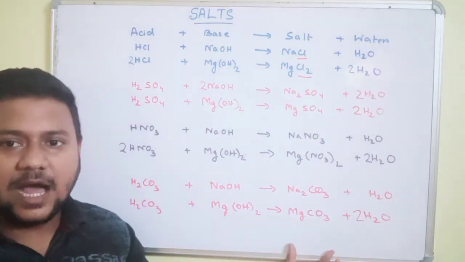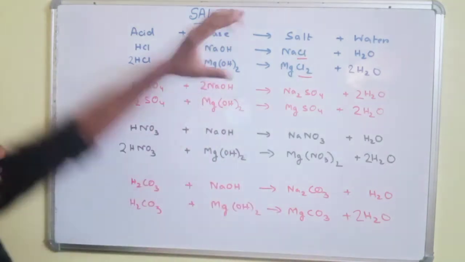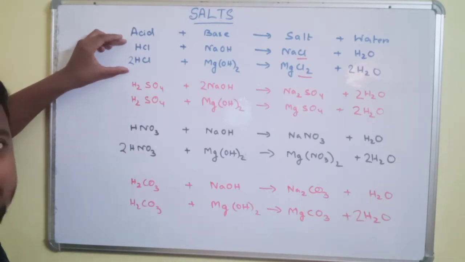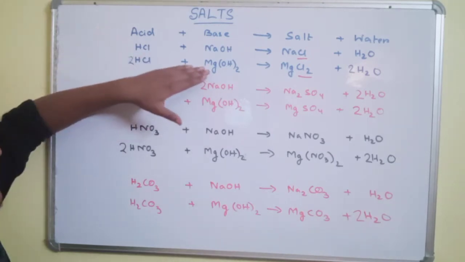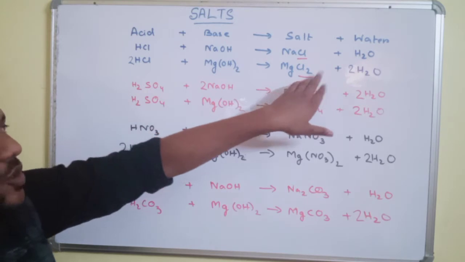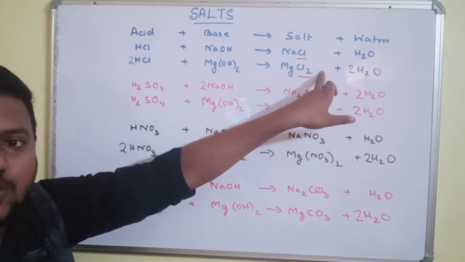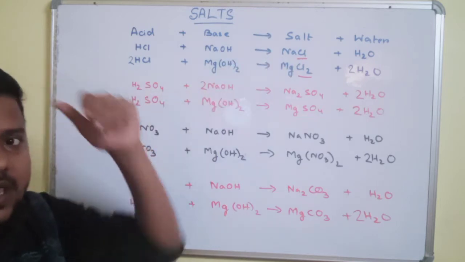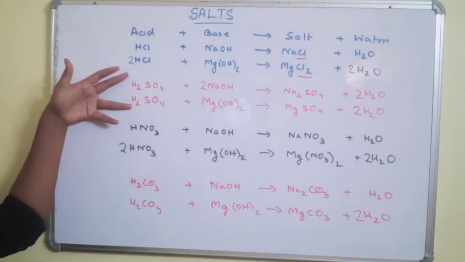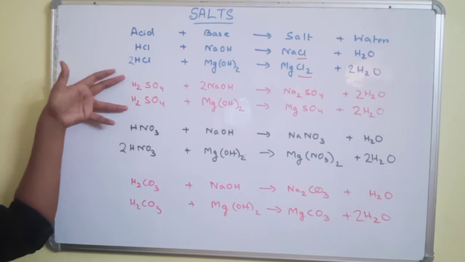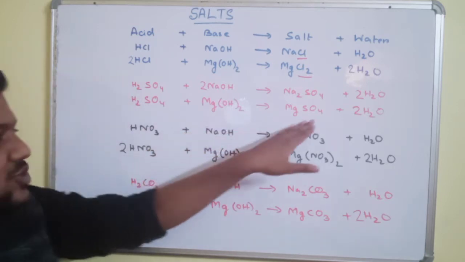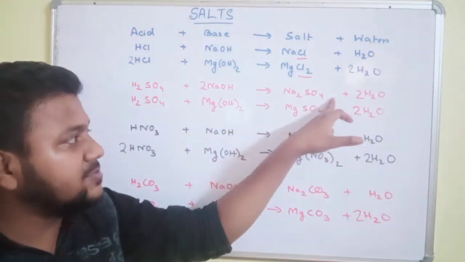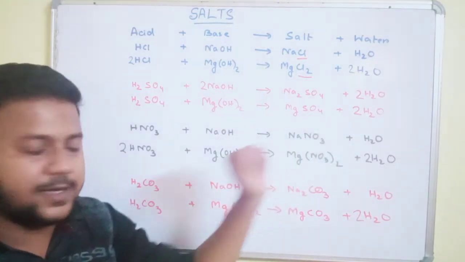Now we can observe that when hydrochloric acid reacts with bases, they give chloride salts, sodium chloride, magnesium chloride, and any other, it depends upon the base that we take. Now when we take sulfuric acid, we see that they react with bases to give sulfate salts, sodium sulfate, magnesium sulfate.